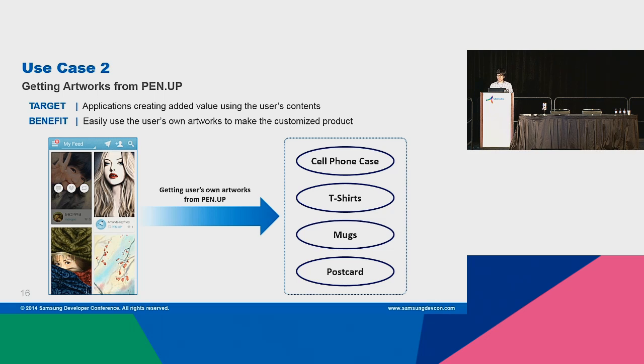Actually, your application can get other users' artworks too, but you cannot use them for commercial purposes because there is a copyright issue. So you can use only the current user's own artworks.